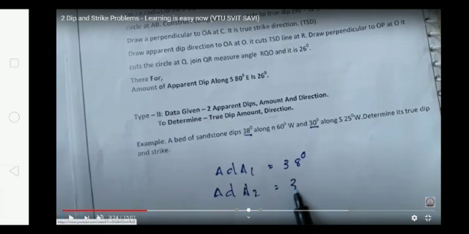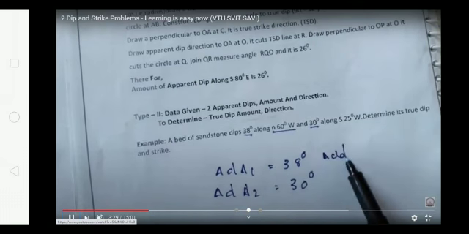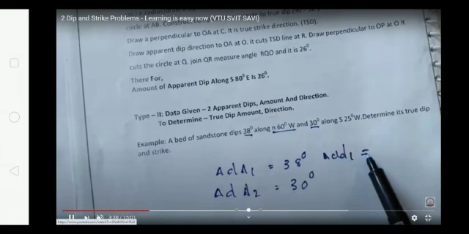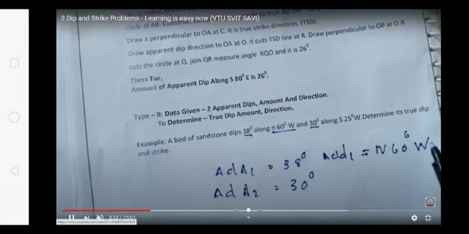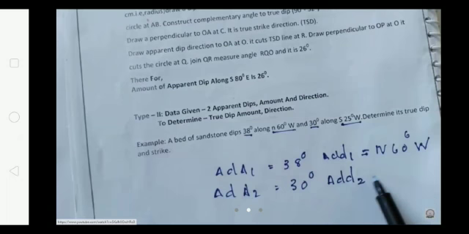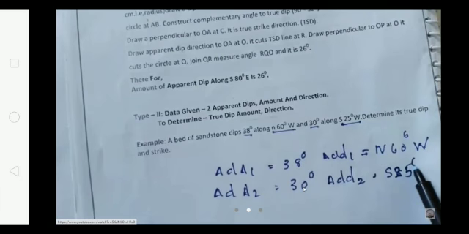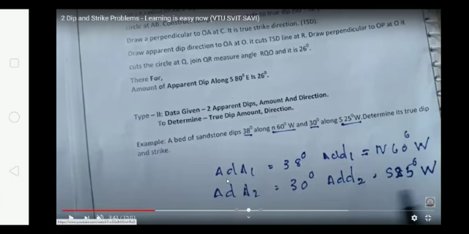38 degree is the amount of the first apparent dip. 30 degree is the amount of the second apparent dip. So what has been written? You can see clearly now. AD is apparent dip.